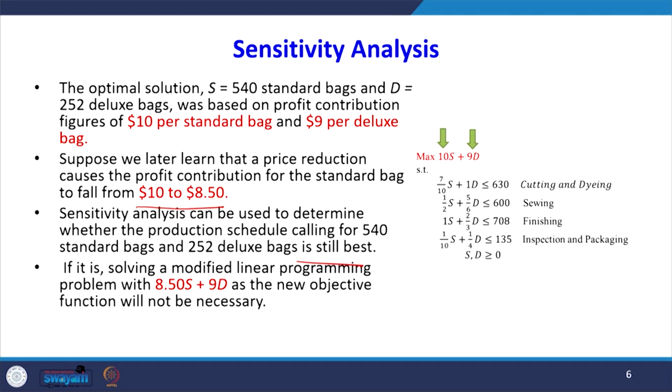Solving a modified linear programming problem with a changed coefficient in the objective function is not necessary. You may ask, if the profit contribution is decreasing, we can simply change that coefficient value in Excel and get the final answer, but redoing the whole process is not required.